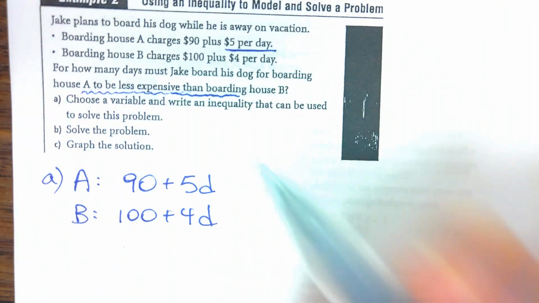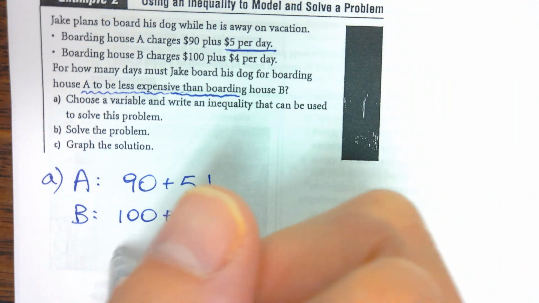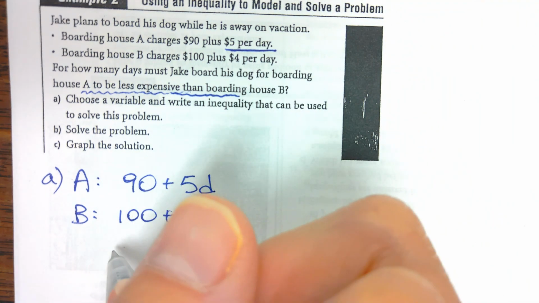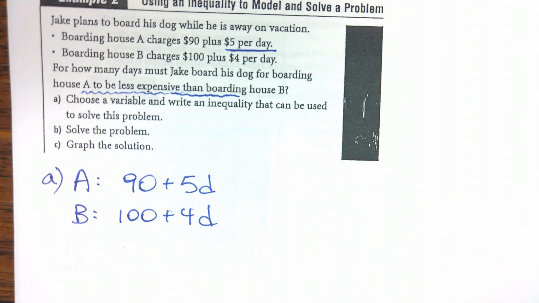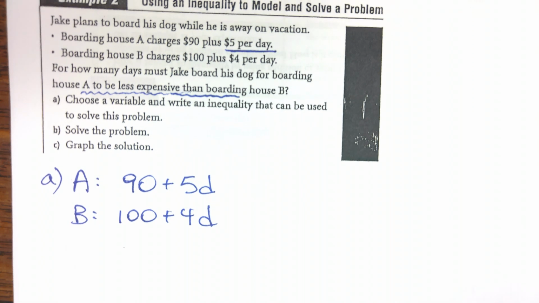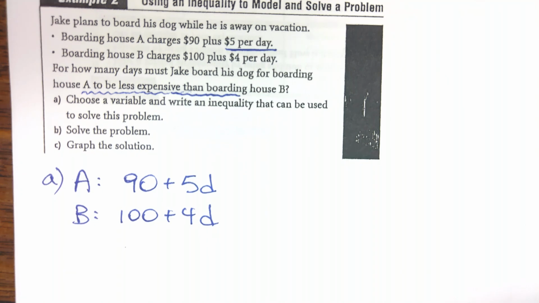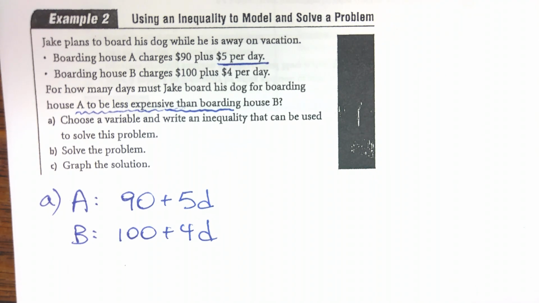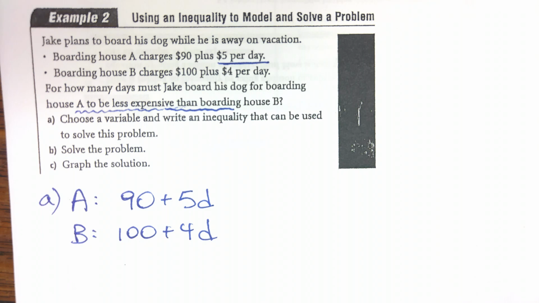I want A to be less expensive. So how do I write the inequality? In the other one, most of the time we would say when would the two houses charge the same, and then we would use the equal sign.